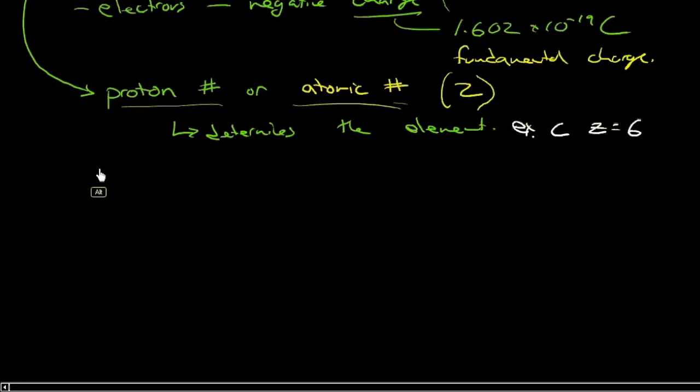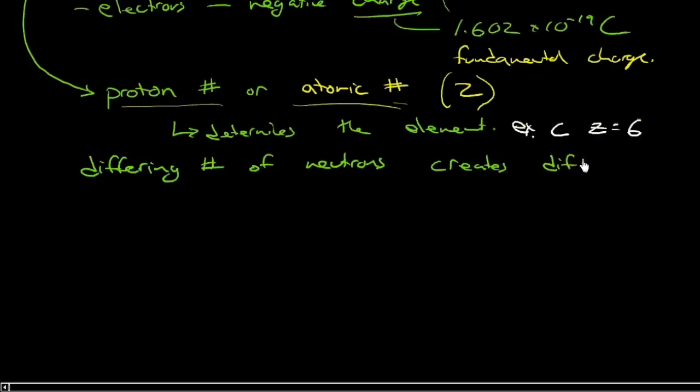You can also have a differing number of neutrons, and that creates what we call isotopes. Differing number of neutrons, so they'll have a different mass, but they've got the same number of protons, same proton number, but a different mass. And so a differing number of neutrons creates different isotopes.